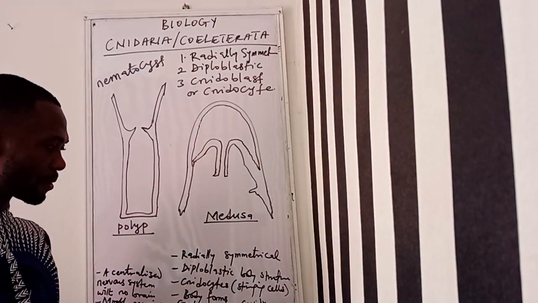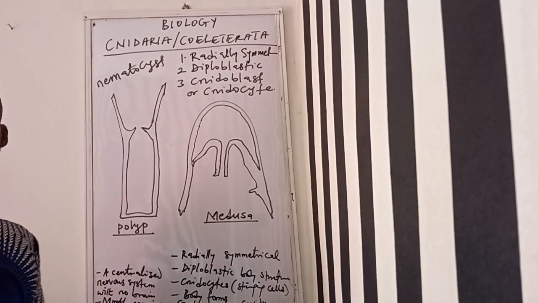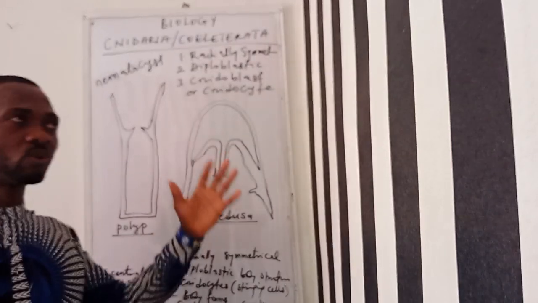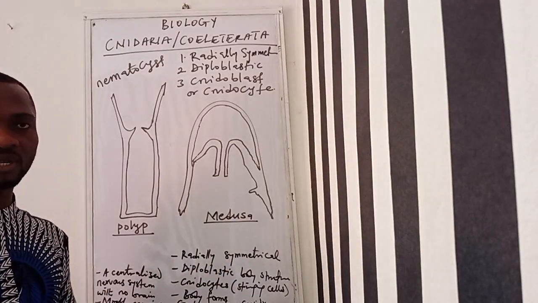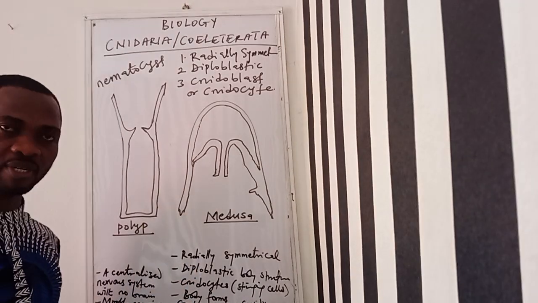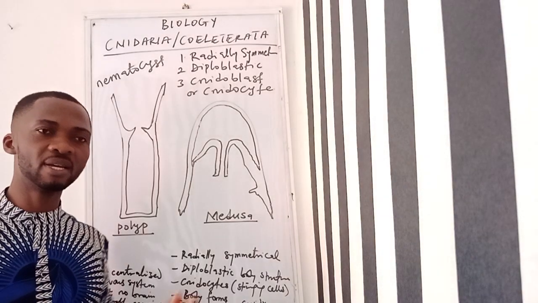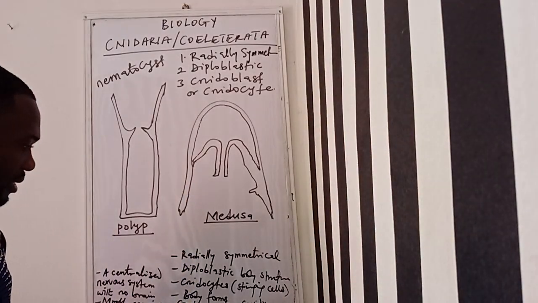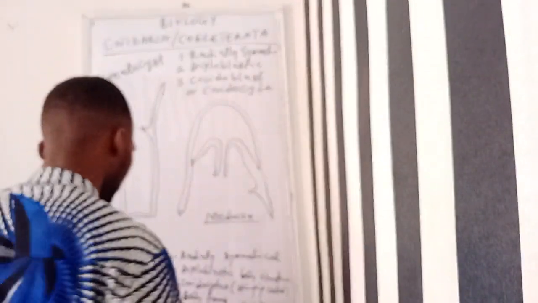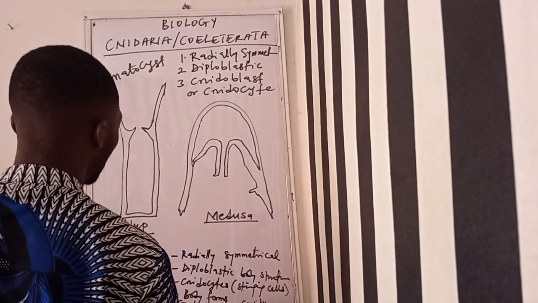It is also important that you understand that unlike in sponges, where the whole body is perforated and made up of different pores, Cnidaria have one opening which serves as both the mouth and the anus, and for that reason they are said to have a gastrovascular cavity.